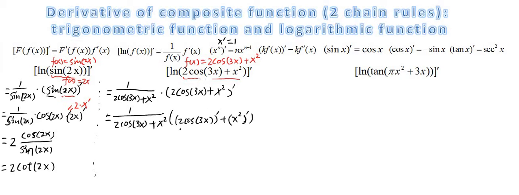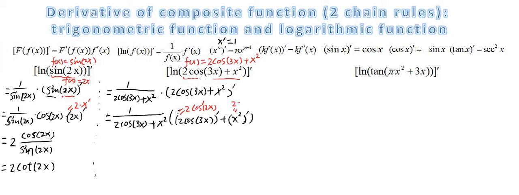Now let's take a look at the first function. We have 2 times cosine 3x. 2 is constant, so we can apply the constant multiple rule. We can write down 2 times cosine 3x prime. And for the second term, we can apply the power rule.